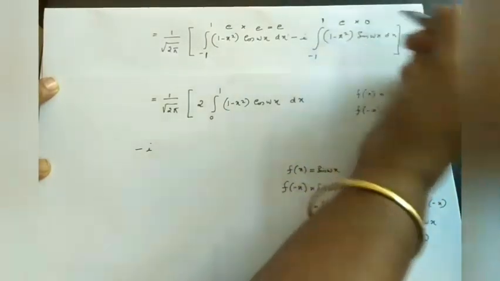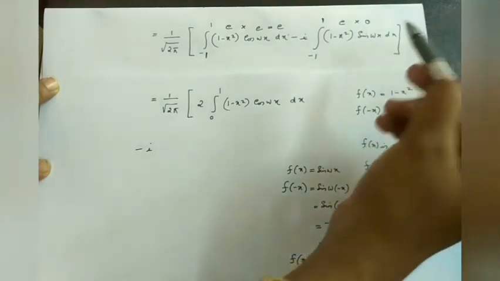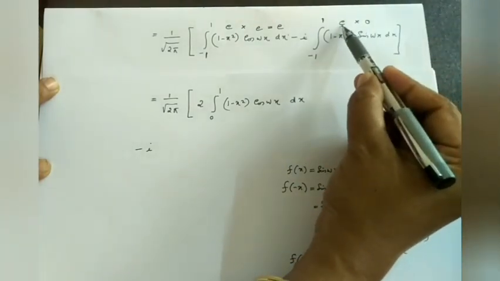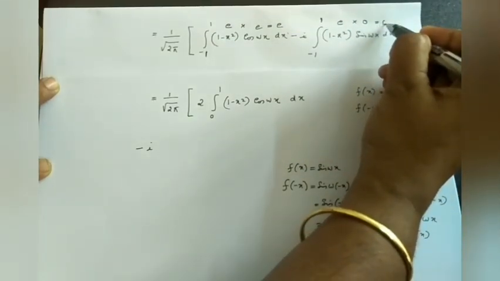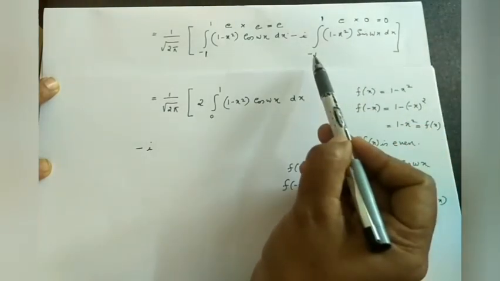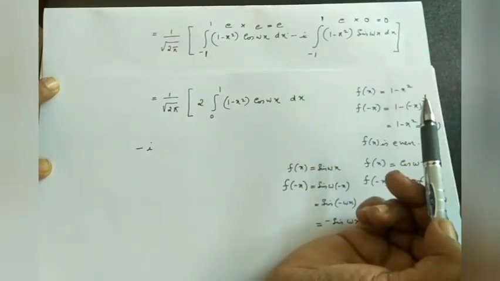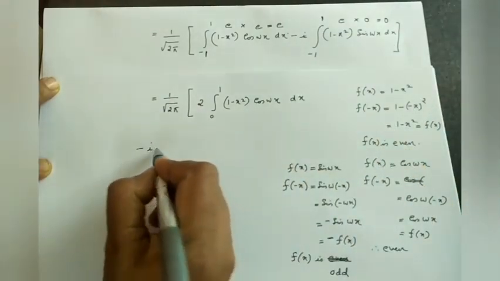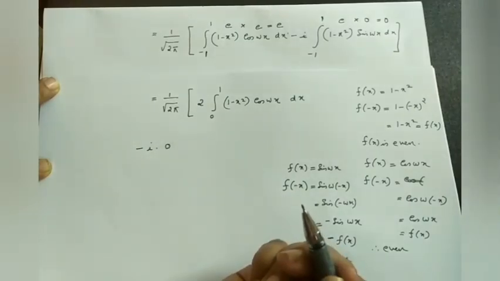So I am writing here odd function to denote it as O. We know that the product of an even and odd function is again an odd function. Therefore here we have minus 1 to 1 of an odd function into dx. What is that result? It is 0. The value of the integral is 0.